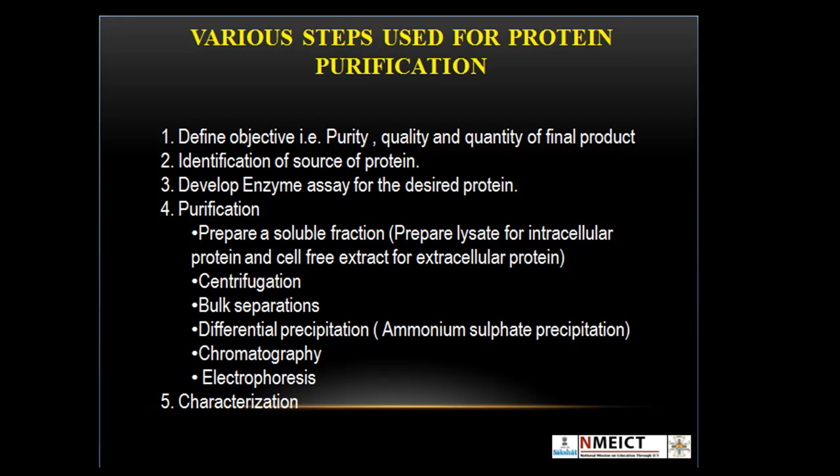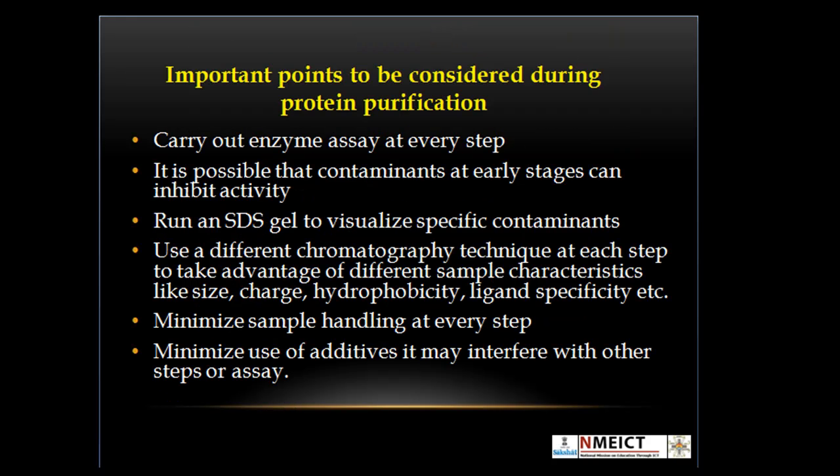Now let's try to understand the important points to consider during protein purification. We need to carry out an enzyme assay at every step so that we can judge the progress of the protein purification. It is also possible that contaminants at an early stage can inhibit the activity. One can run an SDS gel to visualize a specific contaminant.